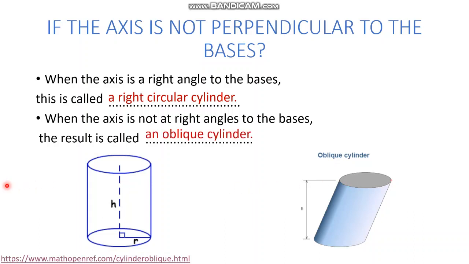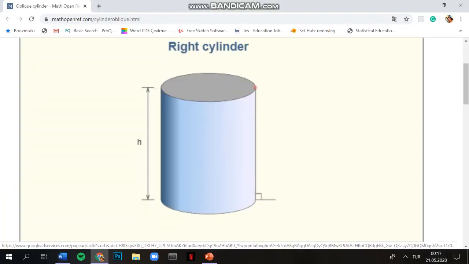Now I will open an animation about that. In this animation, we can change the position of the axis by dragging this point. As you see, the axis is perpendicular to the bases and it is a right cylinder, right?